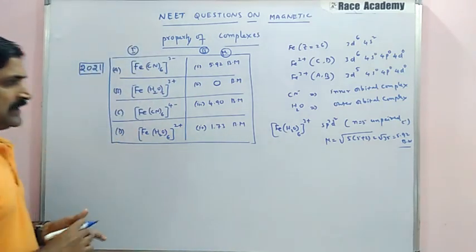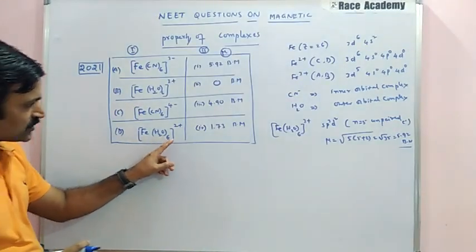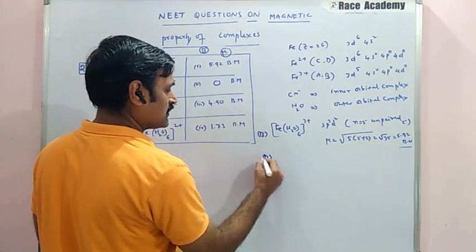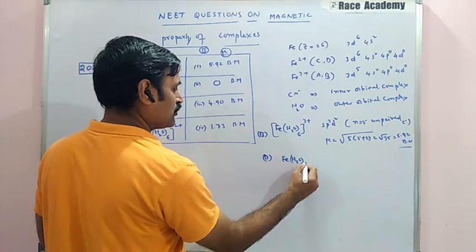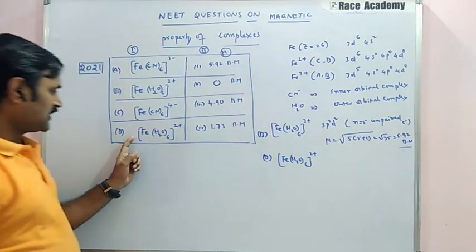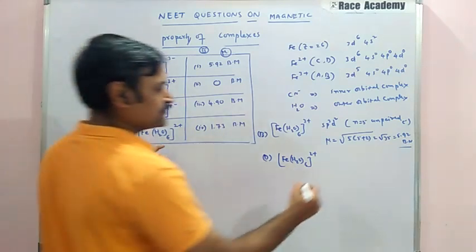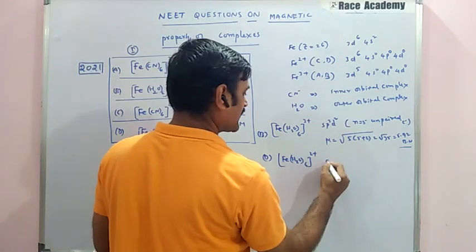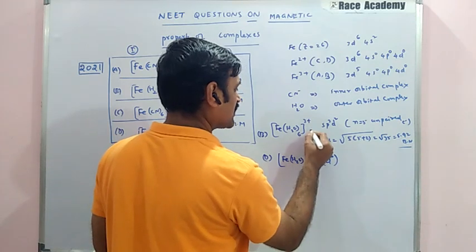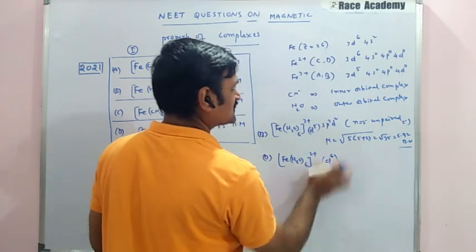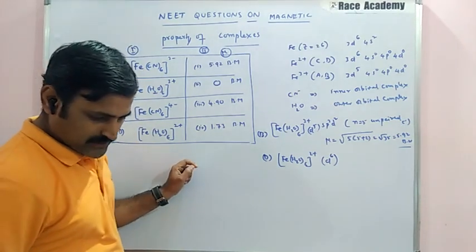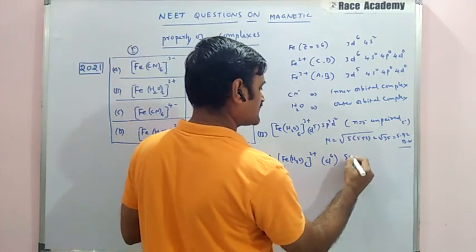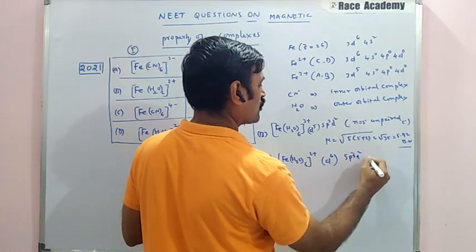In the same way, take Fe(H2O)6 2+ for D in list 1. It is also an outer orbital complex with a d6 configuration. Here the configuration is d6, not d5, so it is not disturbed. We use sp3d2 hybridization, again an outer orbital complex.